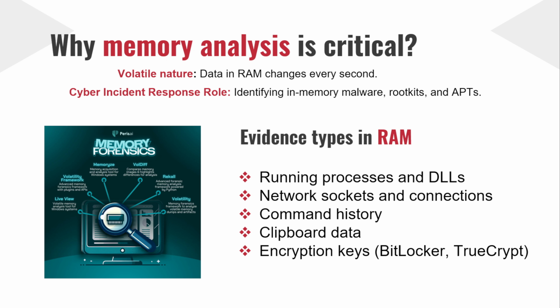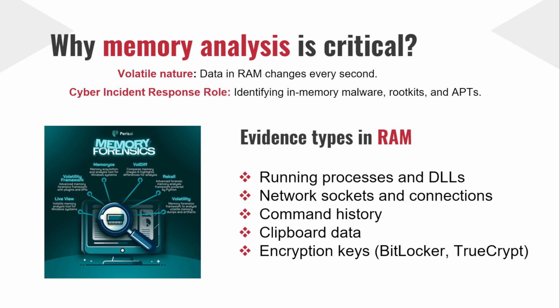So what exactly can we extract from the RAM? We can extract the running processes, all programs currently running and executed; loaded DLLs, shared libraries injected into the process, sometimes malicious; and command line arguments, which often contain the commands attackers executed. Network connections: IP addresses, ports, and protocols in use.